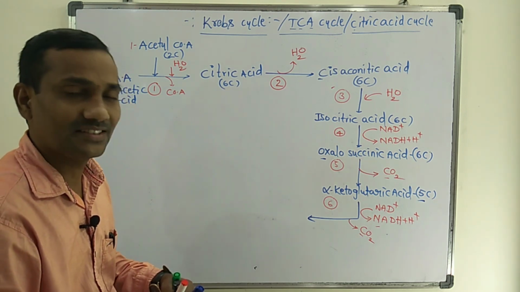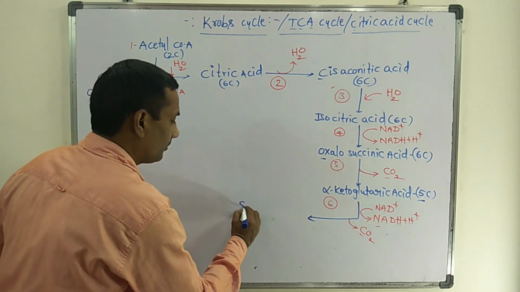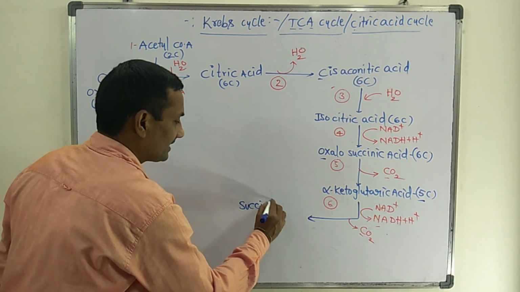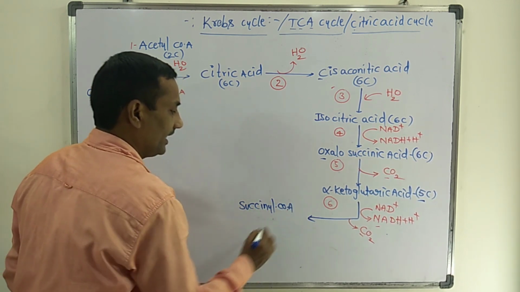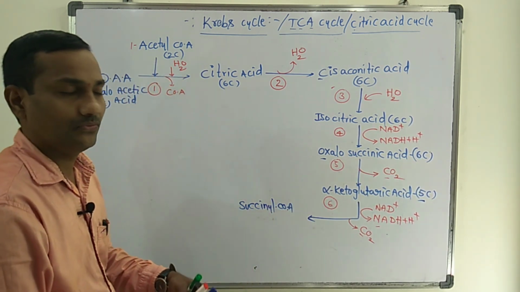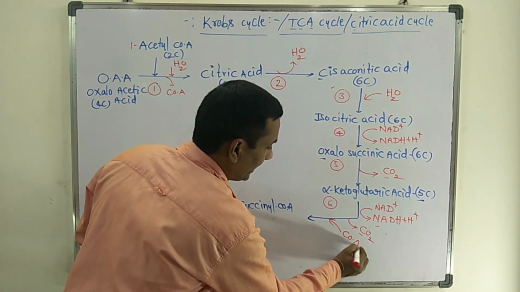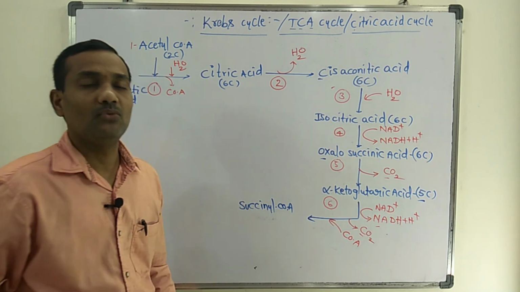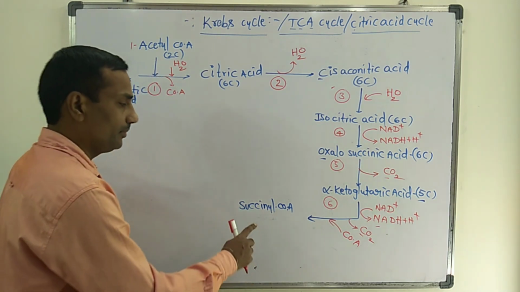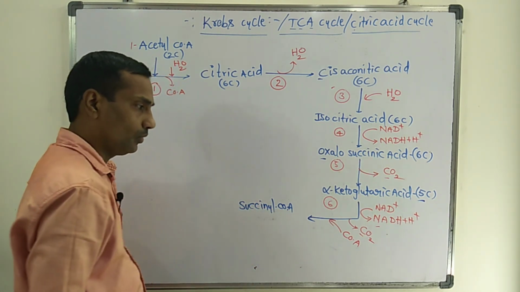At the end of the sixth step, one compound is formed, that is succinyl CoA. But here in the sixth step, one coenzyme A is involved in the reaction for formation of succinyl CoA.